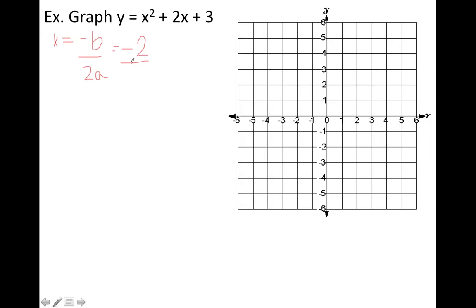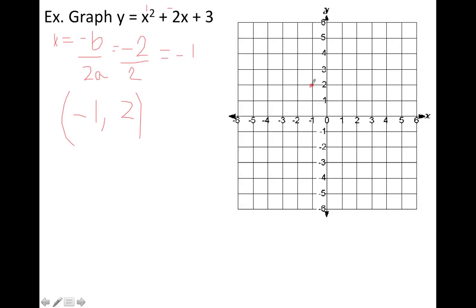And a is 1, so 2 times 1 is 2, and this reduces to negative 1. So our vertex x value is negative 1. Plug it back in, negative 1 squared is 1. 2 times negative 1 is negative 2, plus 3. So 1 minus 2 is negative 1, plus 3 we get 2. So our vertex is at (-1, 2).